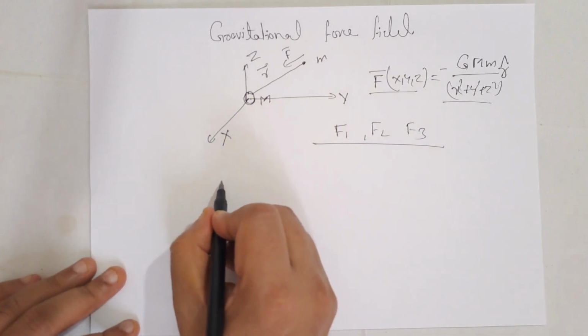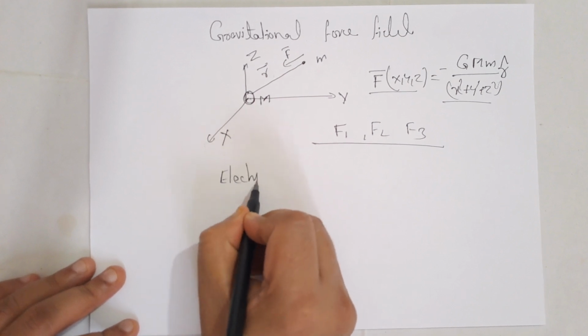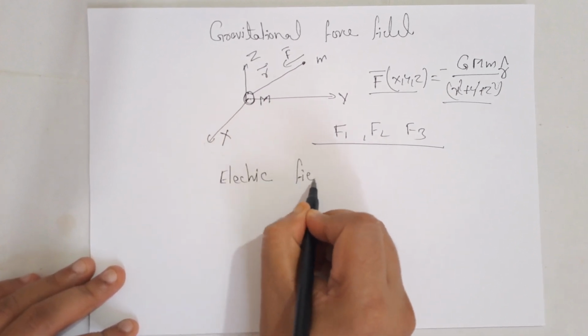Again, one example of vector field is the electric field.